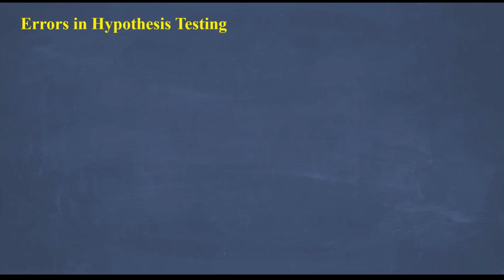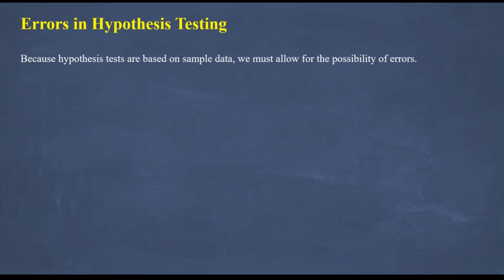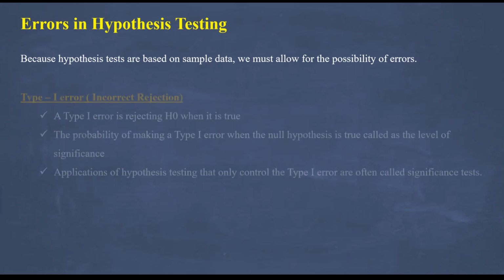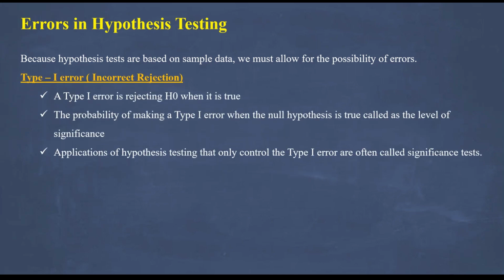Now, while doing this hypothesis testing, there are various errors which may occur. Because hypothesis tests are based on sample data, we must allow for the possibility of errors. So there are two types of error. One is called type 1 error, that is also called incorrect rejection.